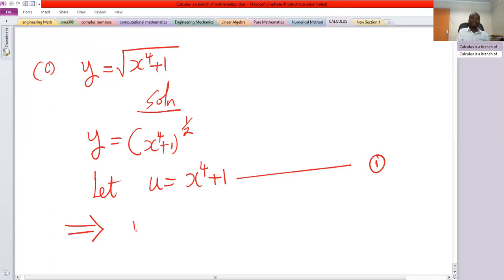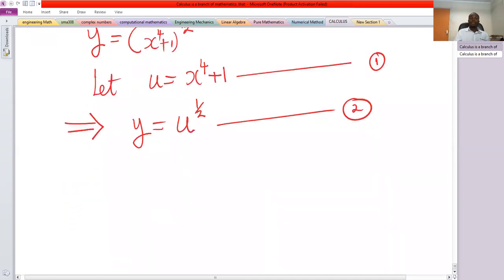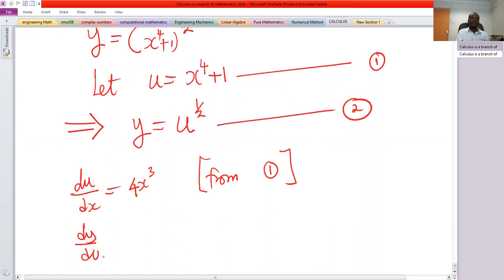And when you fix that, y will be u power a half, call this 2. So from 1, du dx is 4x power 3. And dy du is a half u raised to minus a half from the second equation.